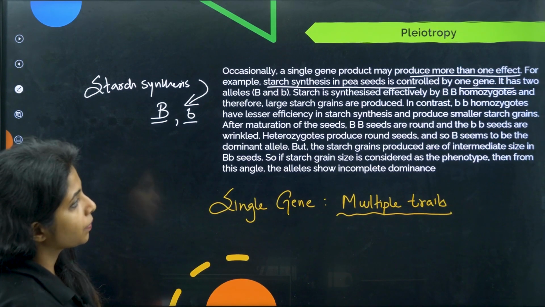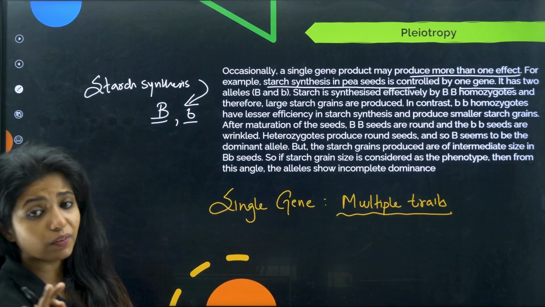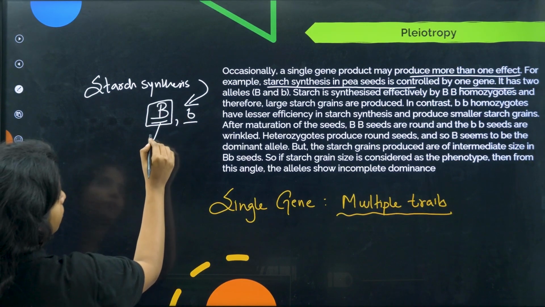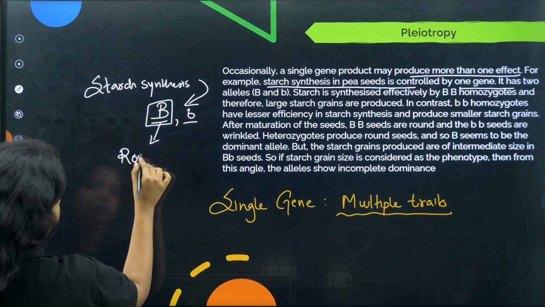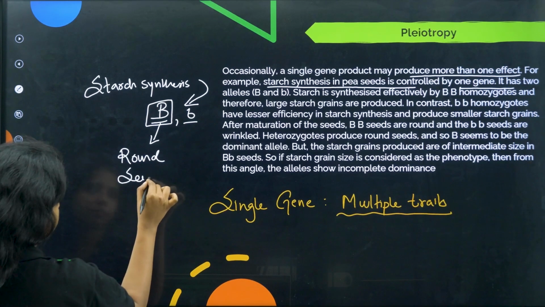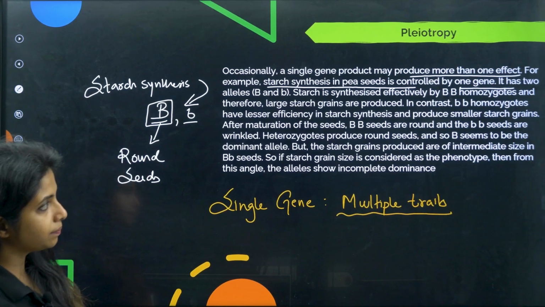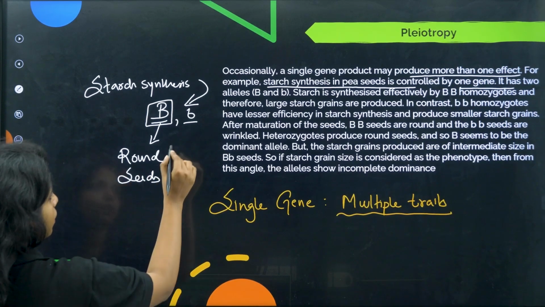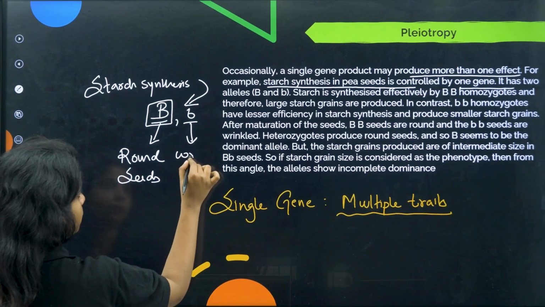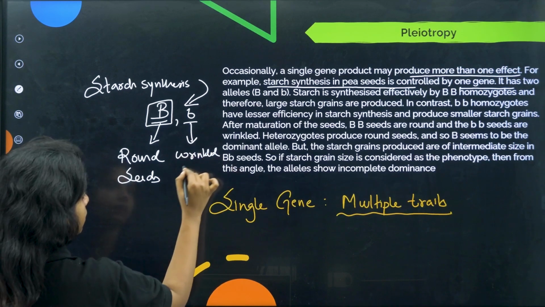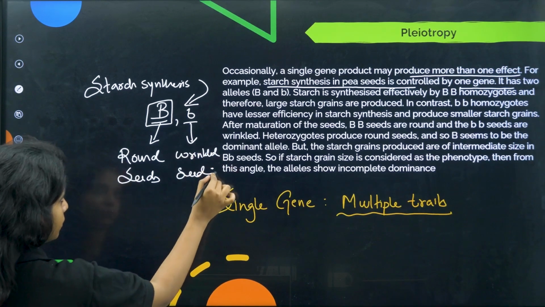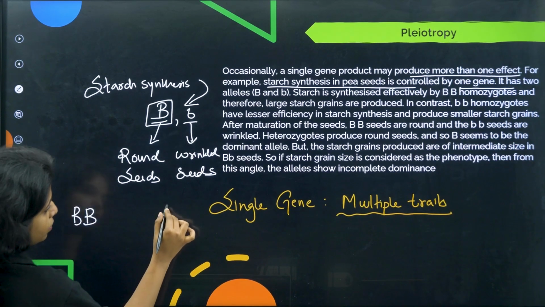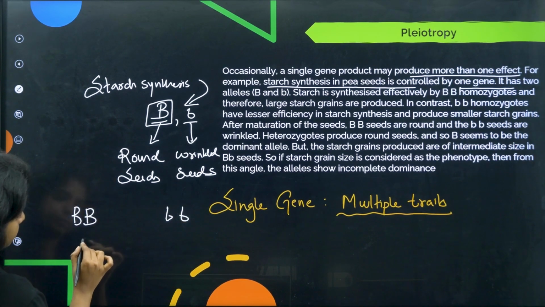In contrast, okay, listen to me very carefully, this is responsible for round seeds, whereas this is responsible for wrinkled seeds.